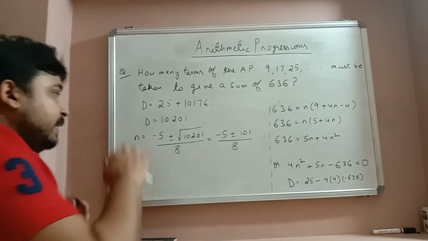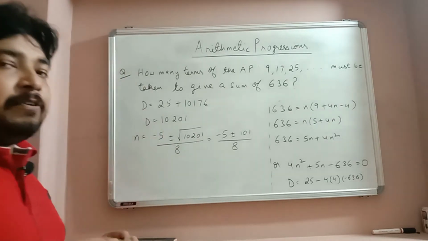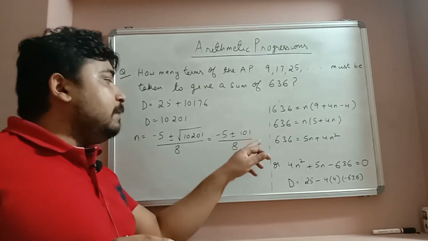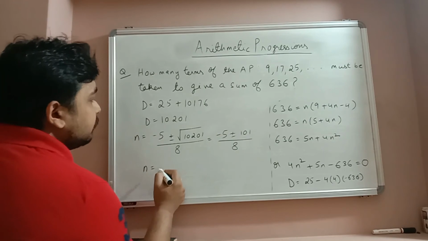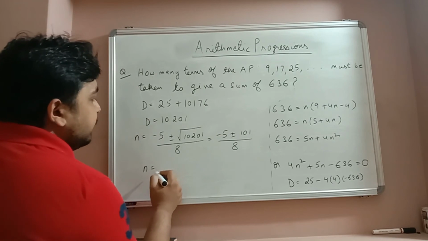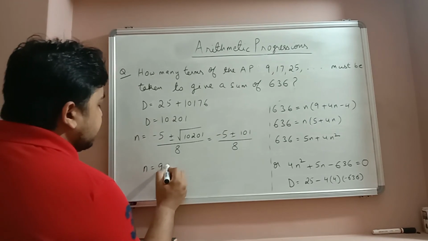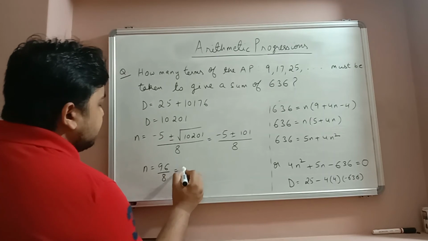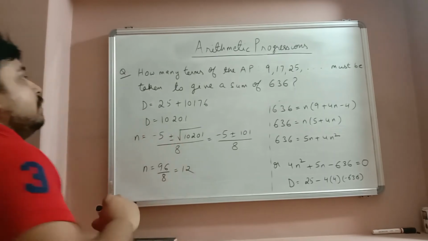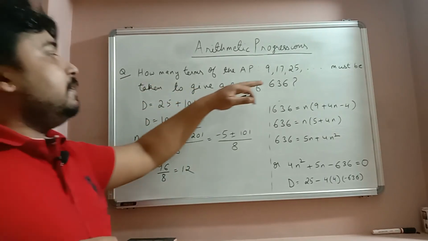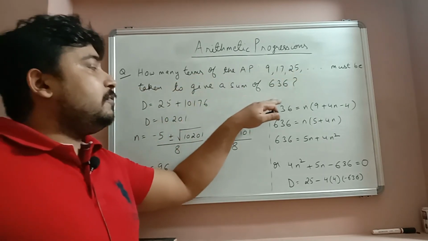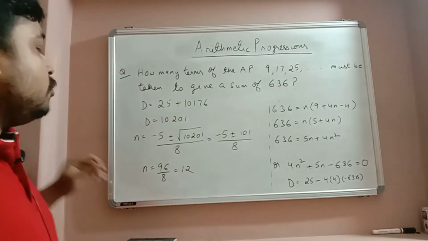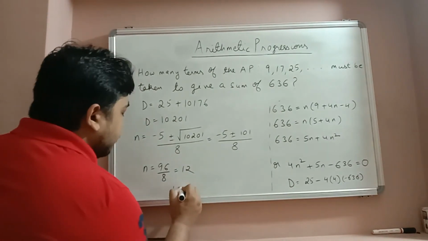Now we will ignore the negative value because n can never be negative, so I will take up only the positive value. So our n is equal to 101 minus 5, that is 96 over 8, that comes out to be 12. So how many terms of the AP 9, 17, 25 must be taken to give the sum of 636? The answer is 12. 12 terms are required.